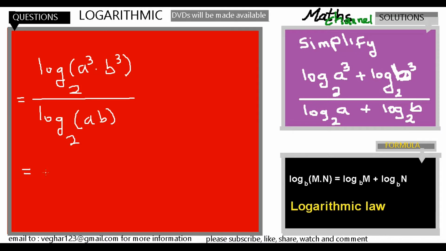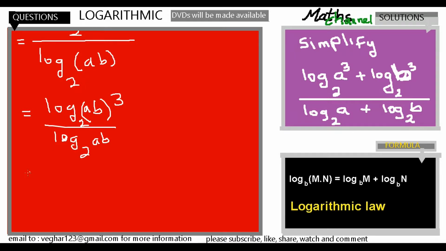So now you can take the 3 out from the bracket because the power is the same. You can write it like this. The base is 2. We have AB.